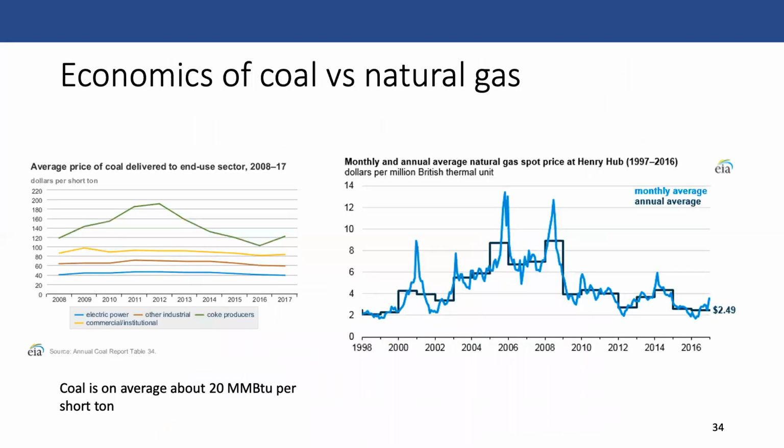And so what has that meant for economics? We can see the average price of coal has been relatively flat, whereas the average natural gas price, a spot price at a particular hub, has really decreased since the 2000s. Note that I think these are in nominal prices, so all of these prices would be a lot higher in today's dollars.